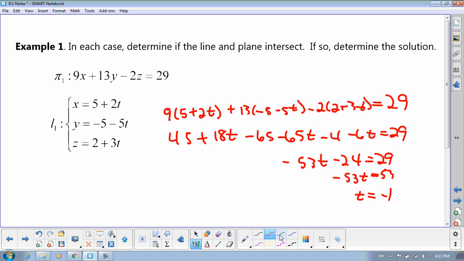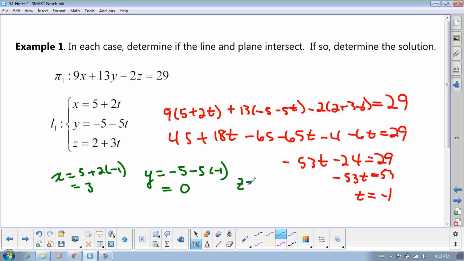So that point of intersection is going to be, so x is going to equal 5 plus 2 multiplied by negative 1. So that is going to be 5 minus 2, which is 3. Y is going to be negative 5 minus 5 times negative 1. So y is 0.